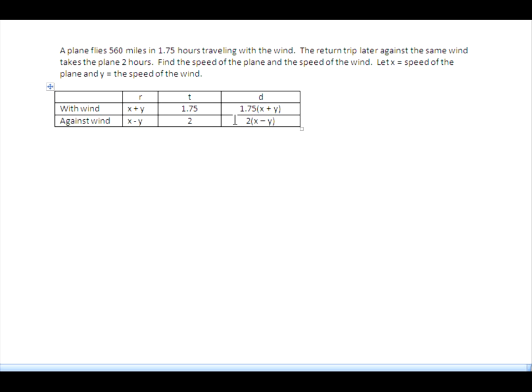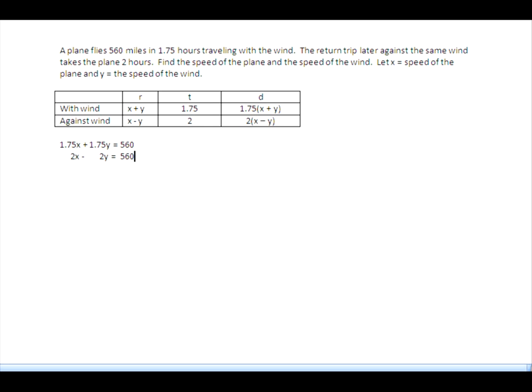And we know that both of those distances equal 560. So we can go 1.75x plus 1.75y equals 560. That comes from our distance traveled in box 3 of our chart, when it's equal to the number of miles traveled. And then our second equation is 2x minus 2y is equal to 560.